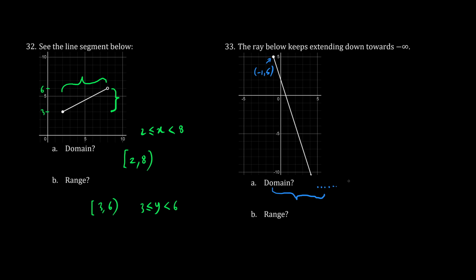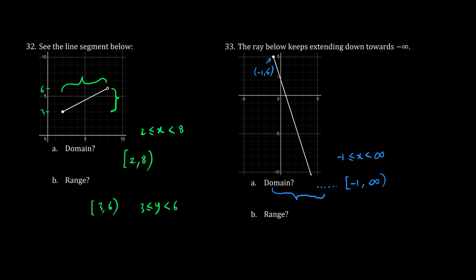So we'll say the lowest value is -1, and the highest value is positive infinity. Because we're including the endpoint, we'll use this bracket, and we'll use a soft bracket for infinity. So x is greater than or equal to -1, which is less than infinity. Either of these notations is fine.